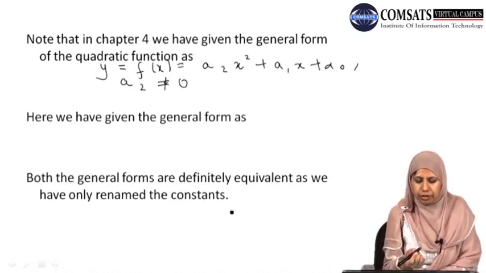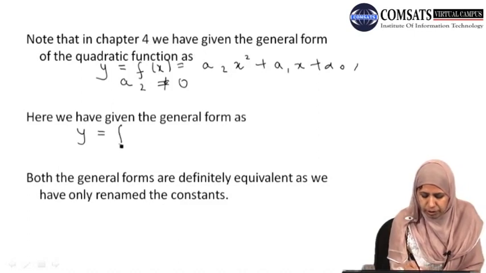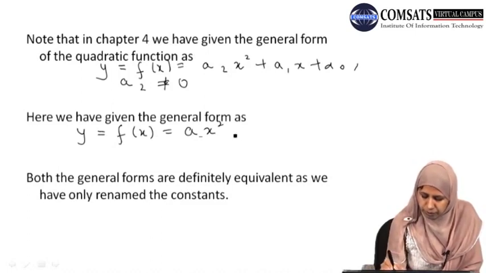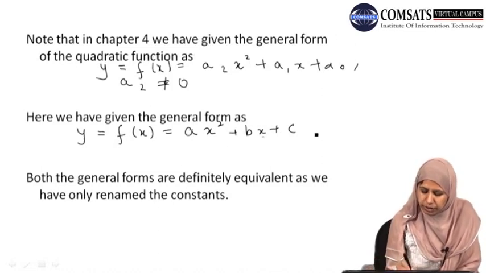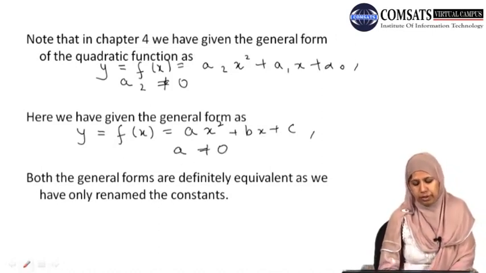And here we have given our general form as y equals f of x, which is equals to ax square plus bx plus c, with the condition that a is different from 0.